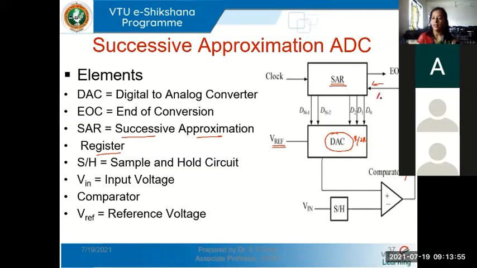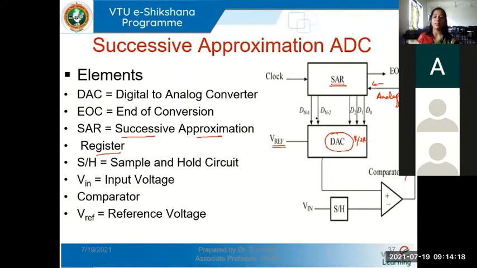You can see this is the analog input to this successive approximation register, and it will approximate the analog signal to a digital value, an n-bit digital value, which is taken as output of the SAR register.